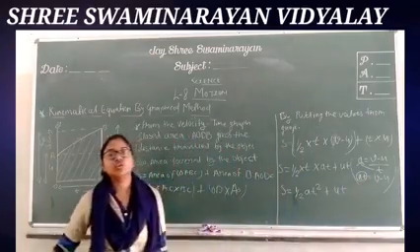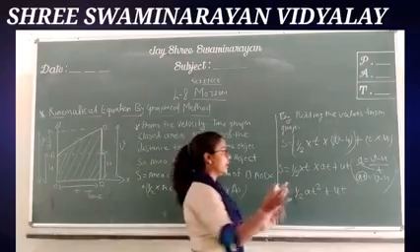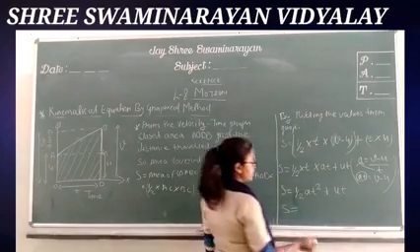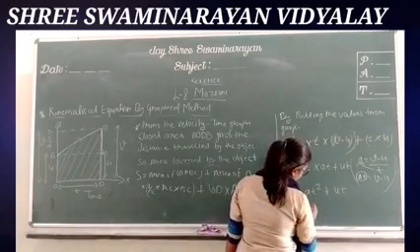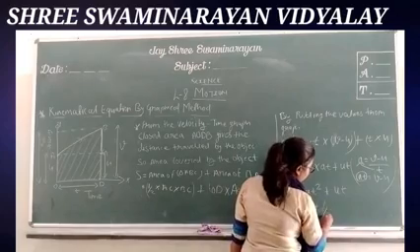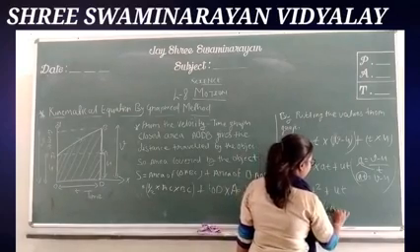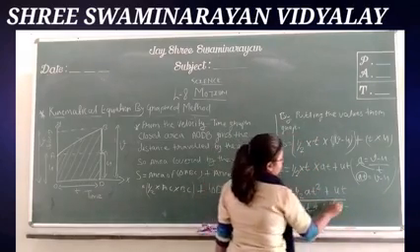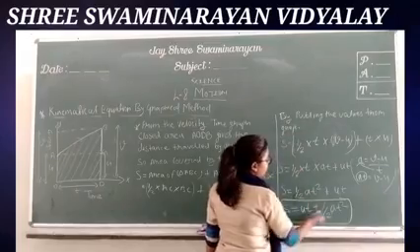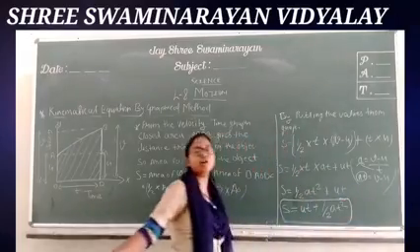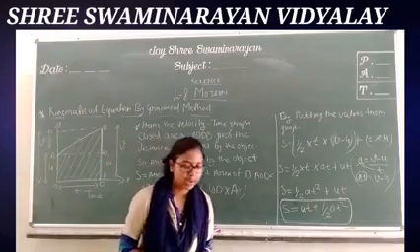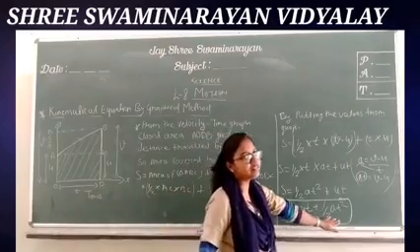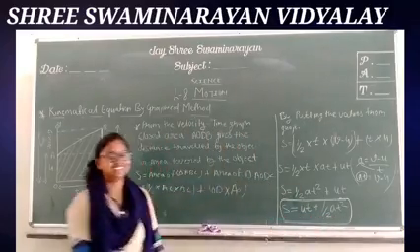Now we just have to rearrange some terms, so that the equation becomes S is equal to UT plus half AT square. So this is the next kinematic equation with the help of the graphical method, that is S is equal to UT plus half AT square.